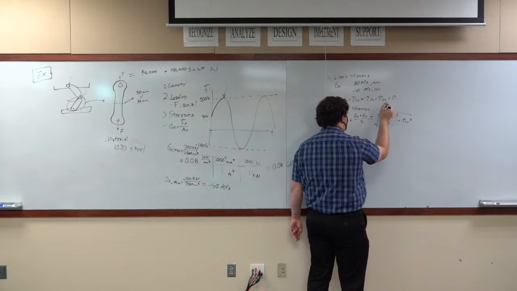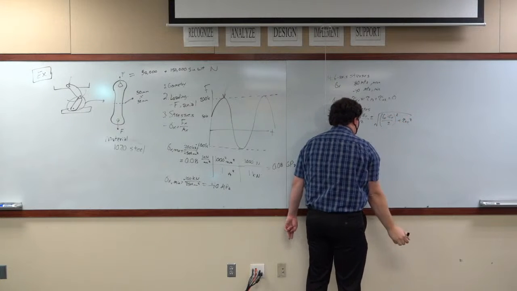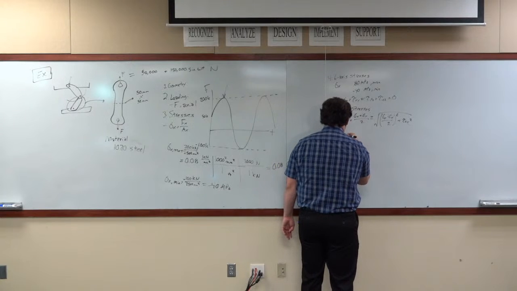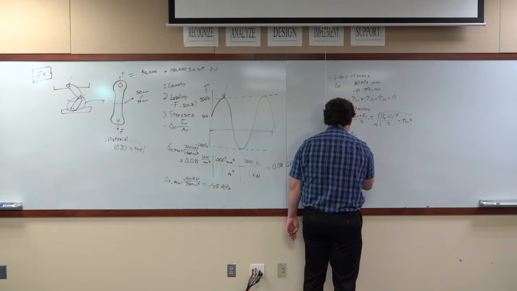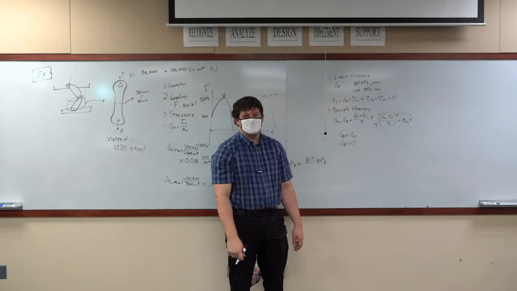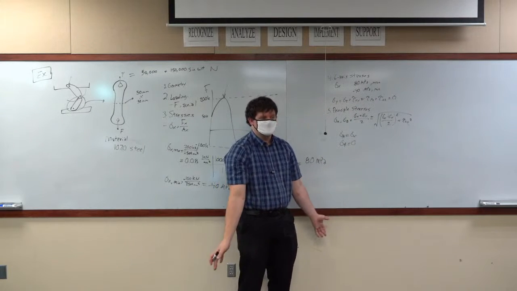This is 0, this is 0, this is 0. So if you do the math, sigma A is equal to sigma x and sigma B is equal to 0. Ergo, the dumbest equation we've ever used.